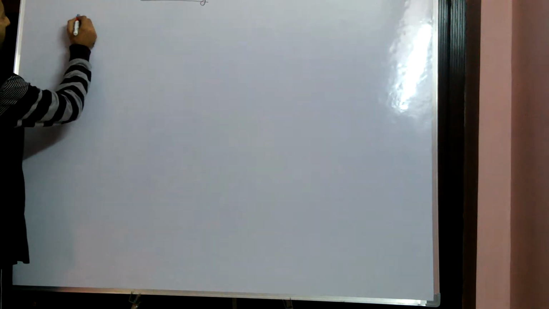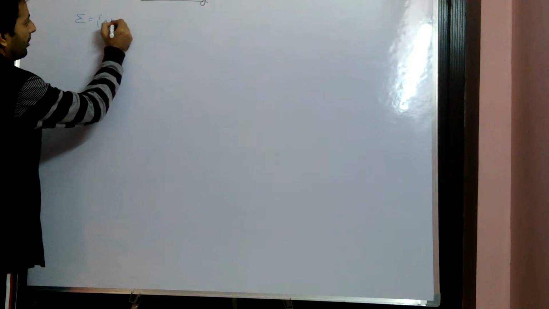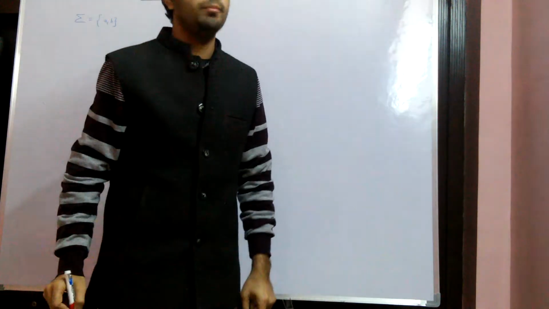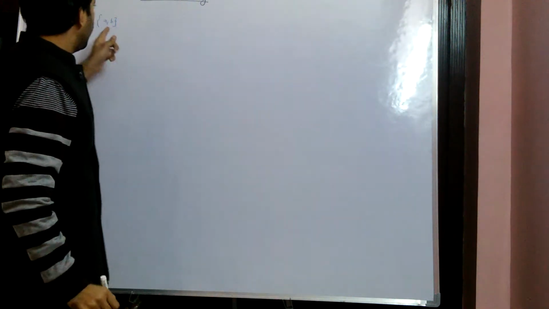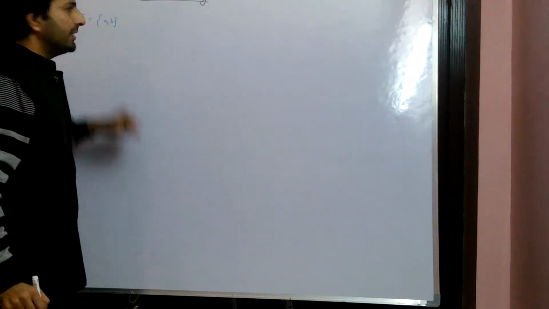Suppose in this particular example, the set of the alphabet is A and B only. So if we consider any string belonging to any language, then that string would be a combination of these two alphabets only.